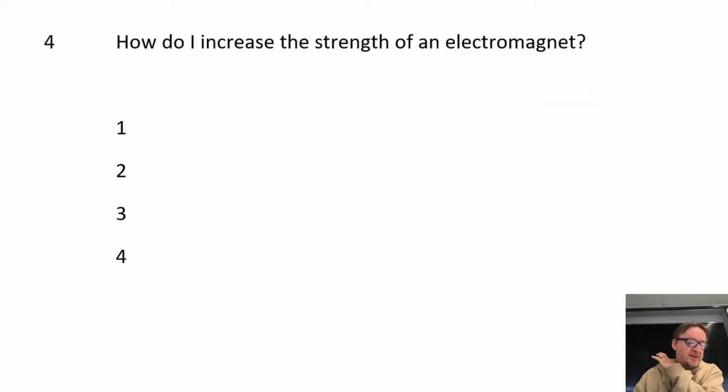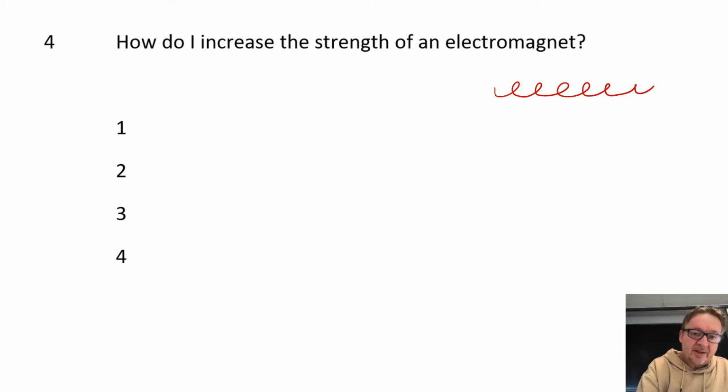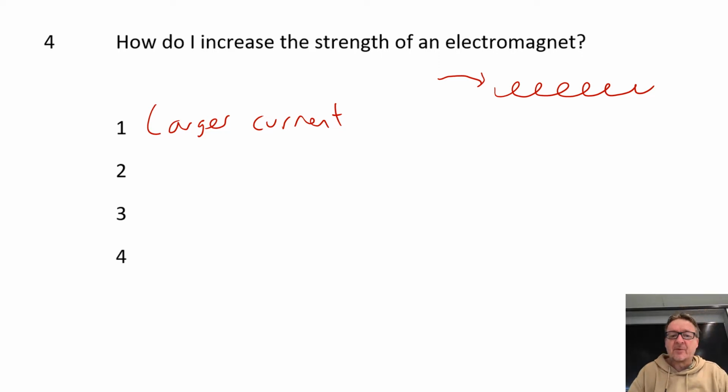How do I increase the strength of an electromagnet? I've got my electromagnet, my solenoid. What I can do is use a larger current. If I put more amps into that, it becomes a stronger electromagnet.